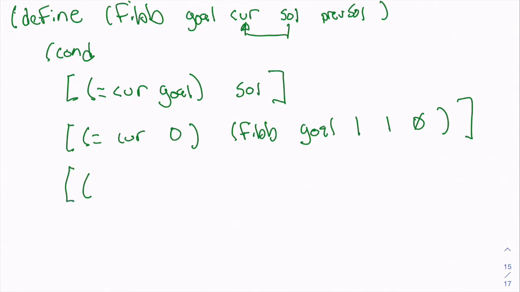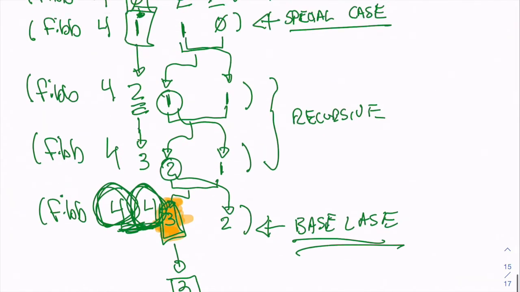And then the call for when current equals 1, that's the other special case, we're going to call Fibonacci goal 2. Actually, let me think about this.